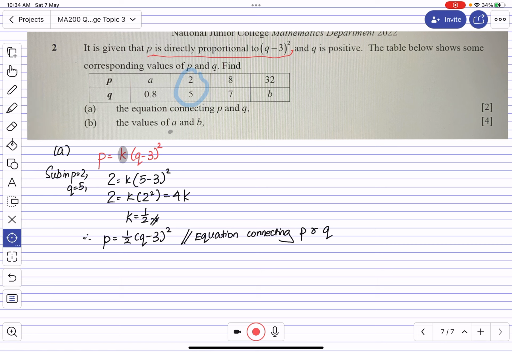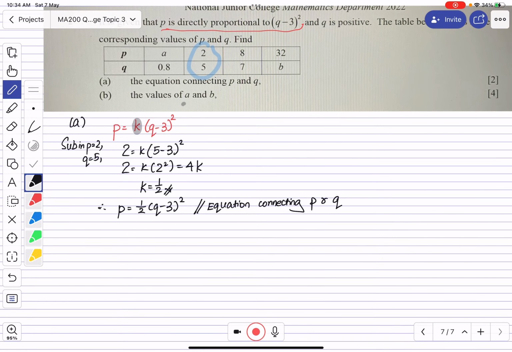Now with this equation, I can substitute other values to find A and B. Looking at the second part, I'm going to find my A first.